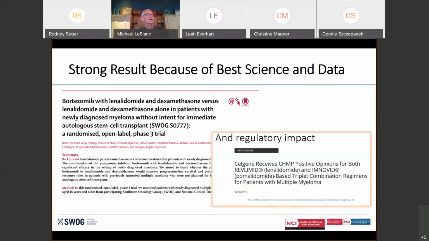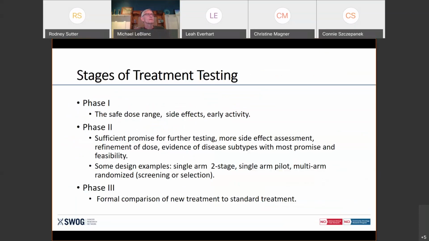Next slide. So I'm going to briefly remind us, in clinical trials, we're trying to learn at each stage of the game. We don't do that many phase 1 trials in SWOG. Those are ones that look at safety, early side effects, early activity. You might do many of those more as single institutional studies. But we do a lot of phase 2 and phase 3 studies.